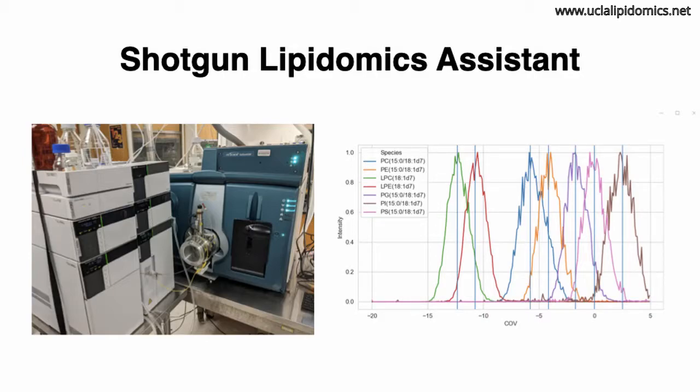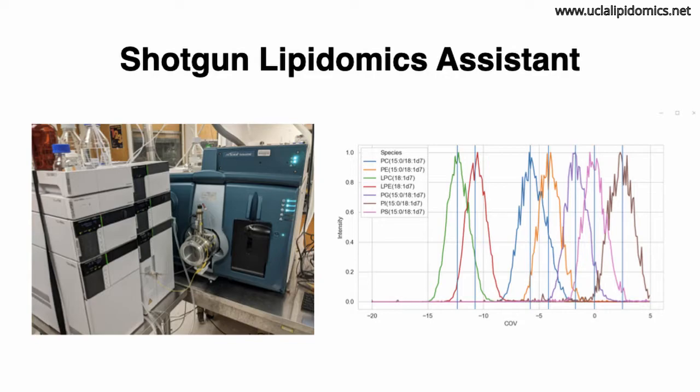This is a walkthrough for the Shotgun Lipidomics Assistant, intended for current users of the SCIEX Lipidizer platform. Shotgun lipidomics using differential mobility spectrometry is a powerful technique that allows for comprehensive quantitative lipidomics.